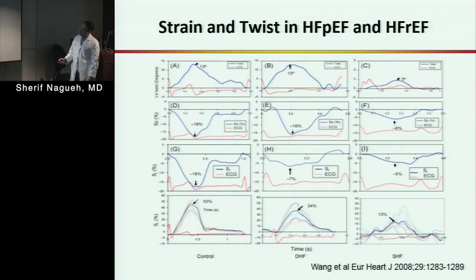You see an example here from a patient with heart failure reduced EF, heart failure preserved EF, and a normal subject. If you look at the longitudinal strain, which is this one, this is circumferential and this is radial, the longitudinal strain is profoundly reduced in the patient with heart failure preserved EF, previously termed diastolic heart failure, whereas everything is reduced in heart failure reduced EF.